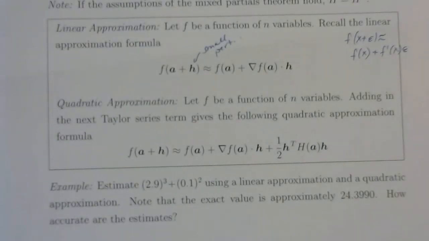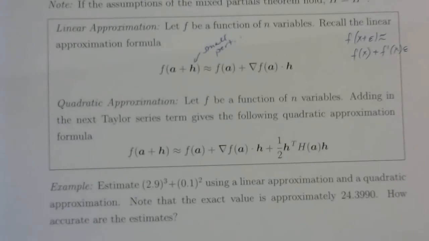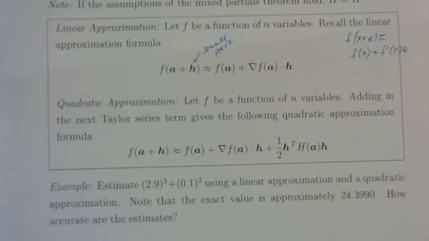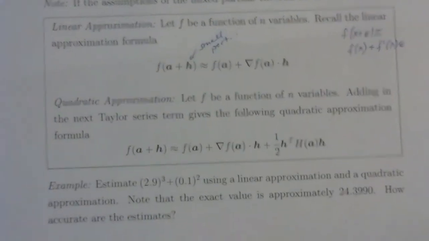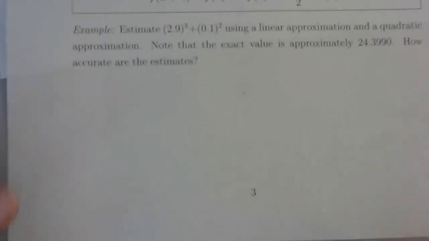So let's use this idea of a linear approximation to think about how to approximate some numbers raised to certain powers that may be difficult to compute if I wanted to do it directly. Let me move this up so we can see the workspace here.